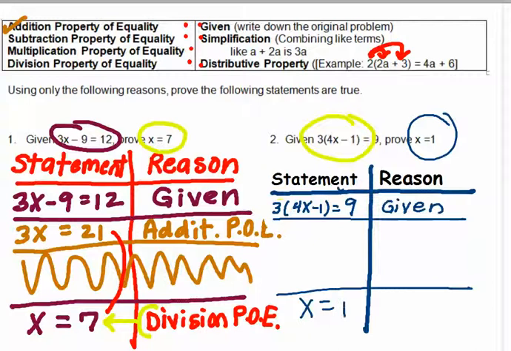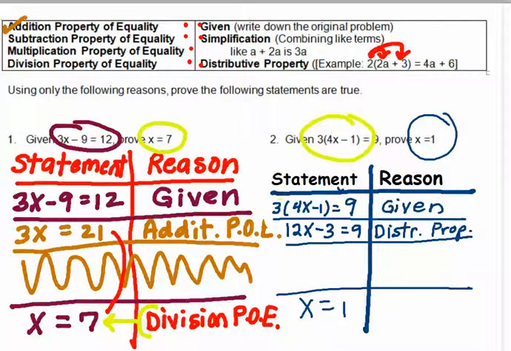Okay, so let's just do it like you do it in algebra class. 3 times 4x is 12x. 3 times negative 1, or minus 1, is negative 3. Okay, so we didn't do anything to the right side. We just simplified the left side by using the distributive property. So I'm just going to shorten that and write distrib prop.